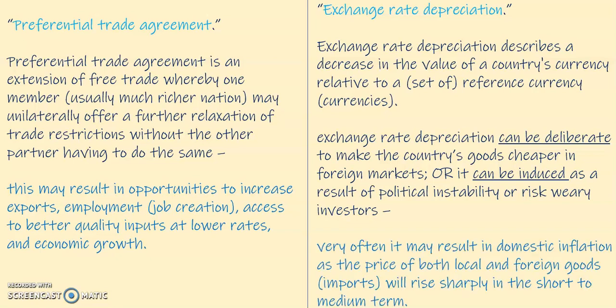So very often this may result, as I said, in domestic inflation, right? Because prices of both the local goods and those foreign goods that you were importing will rise sharply in the short to medium term. Because obviously, if you are making your goods cheaper in the foreign market by lowering the exchange rate, then it becomes harder for you to buy more goods because you're not earning as much money.